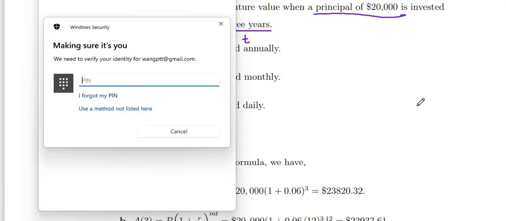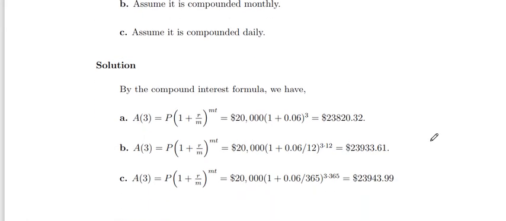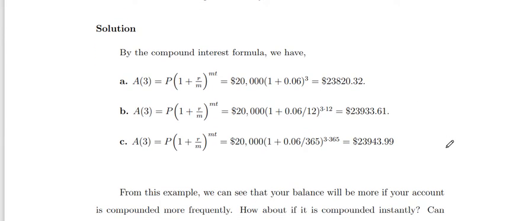So here, let's use the formula. We just calculate the same number. After 3 years, what is my balance? So compounded annually, here m equals 1. So we just plug it in. The m is 1, R is 0.06. So just raise to the 3rd power.